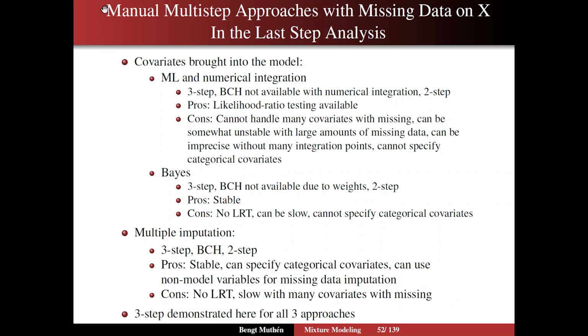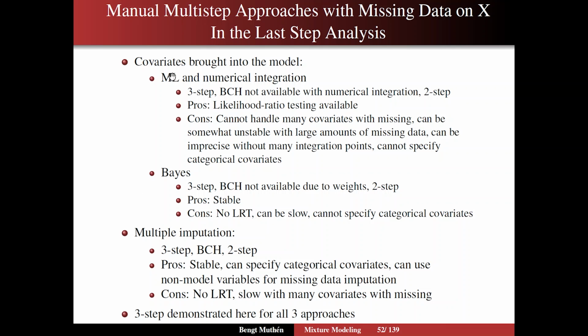Slide 52 then. I'm talking through various kinds of approaches, manual multi-step approaches, which deal properly with missing data on X in the last step analysis. So you can bring the covariates into the model, or you can do multiple imputation.